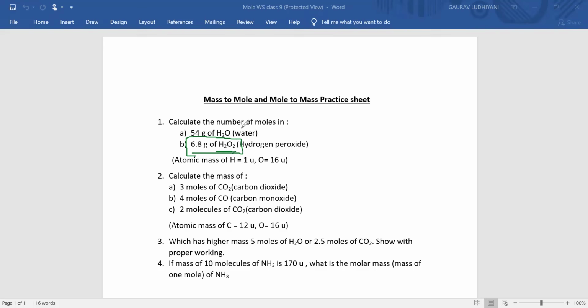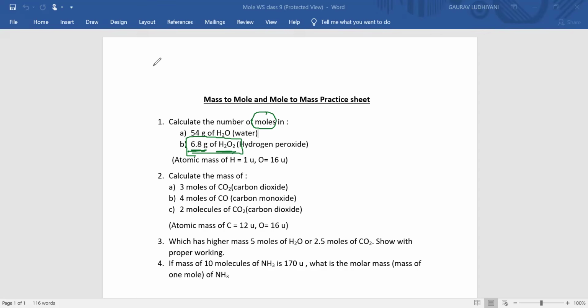Hence, it's a molecule. And how much H2O2 have I taken? 6.8 grams. So again, as a chemist, you know 6.8 grams is a lot of H2O2. As a common man, this might be a very, very small amount, but 6.8 grams as a chemist is quite a lot of H2O2 molecules. So obviously you are going to deal in moles, and that's why the question was asking about number of moles.